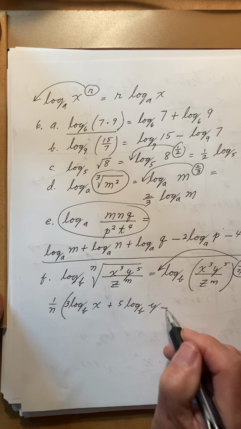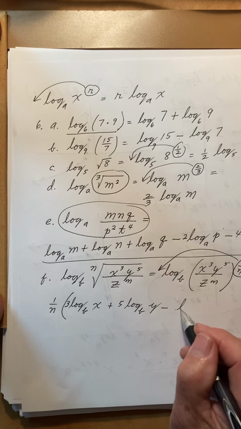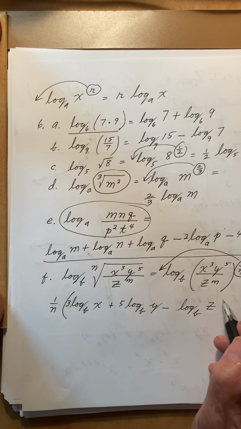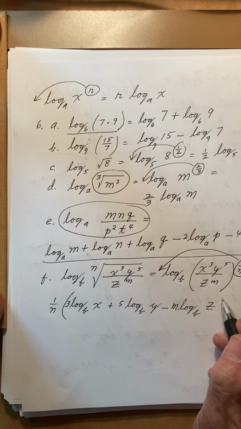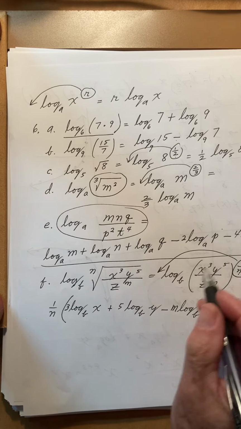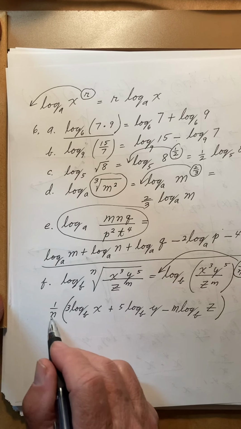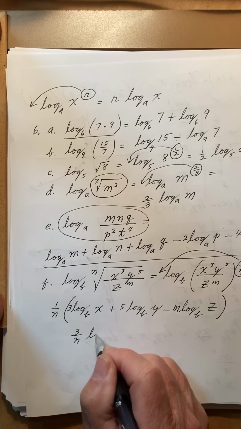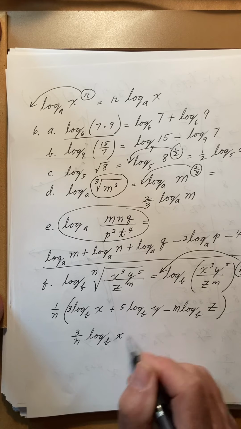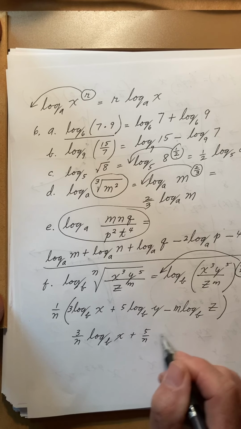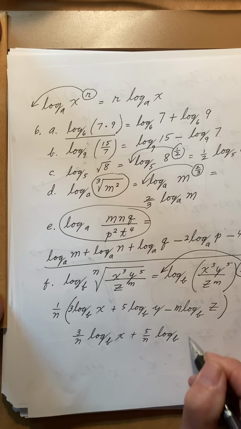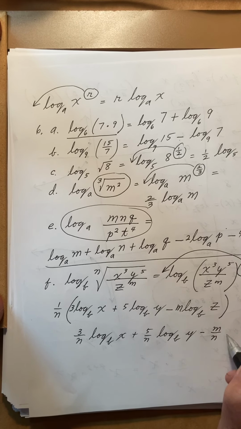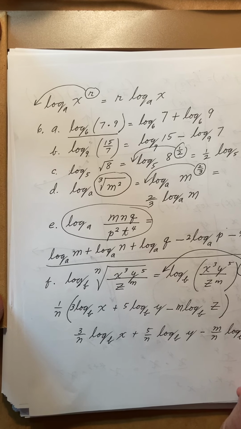Then I'll do minus log base b of z. Normally I'd put an m here, but I could put that m in front here. So I now completed the parentheses, and I can leave it like this, or I can multiply all this out and get 3 over n log base b of x plus 5 over n log base b of y minus m over n log base b of z.